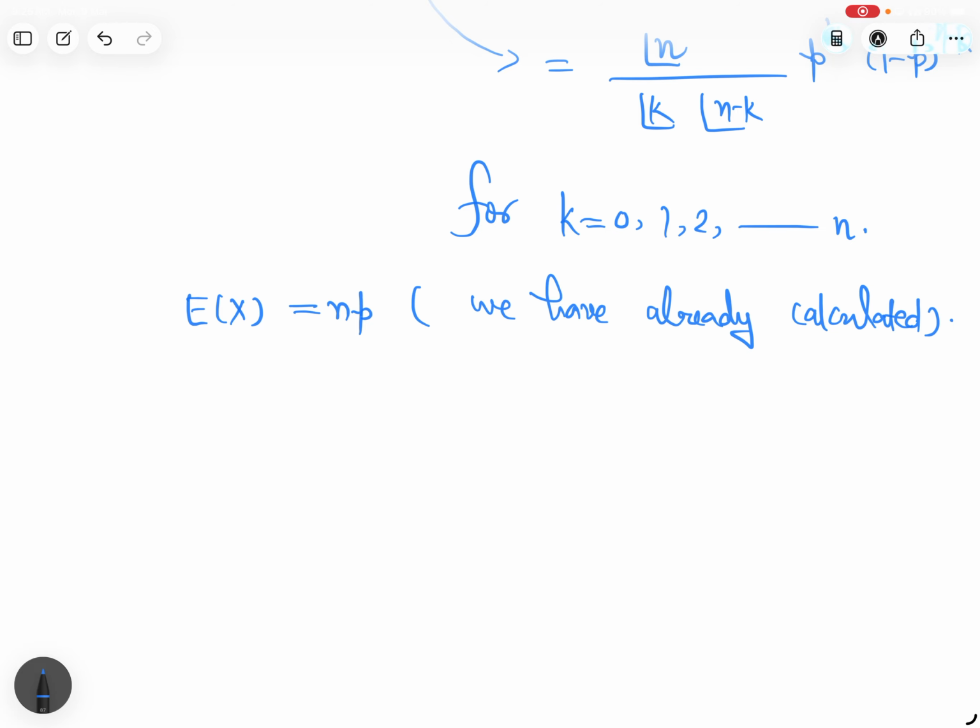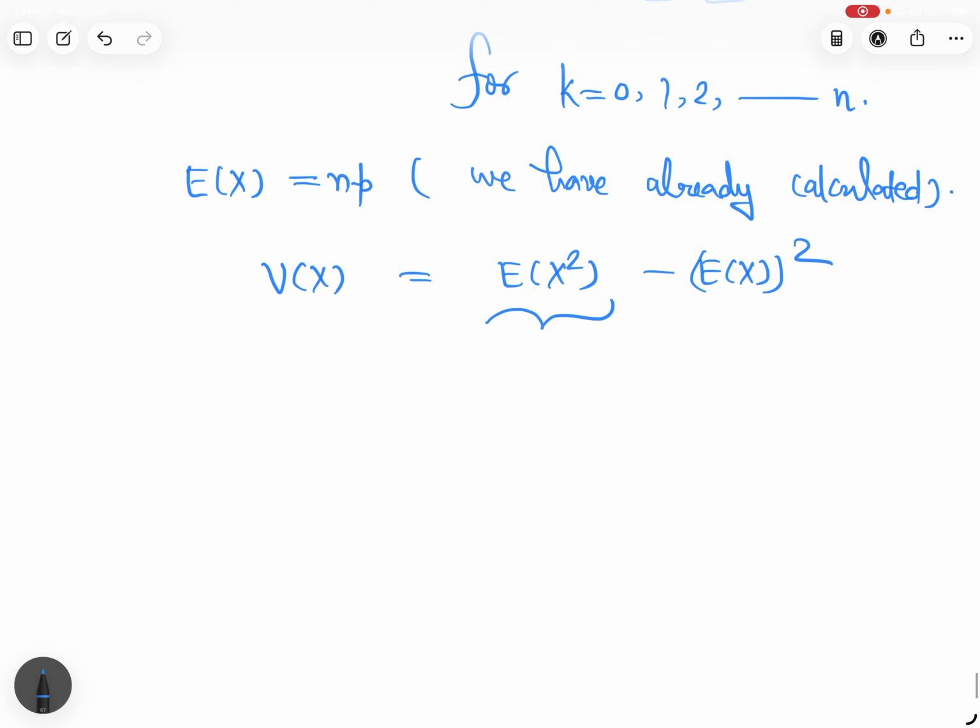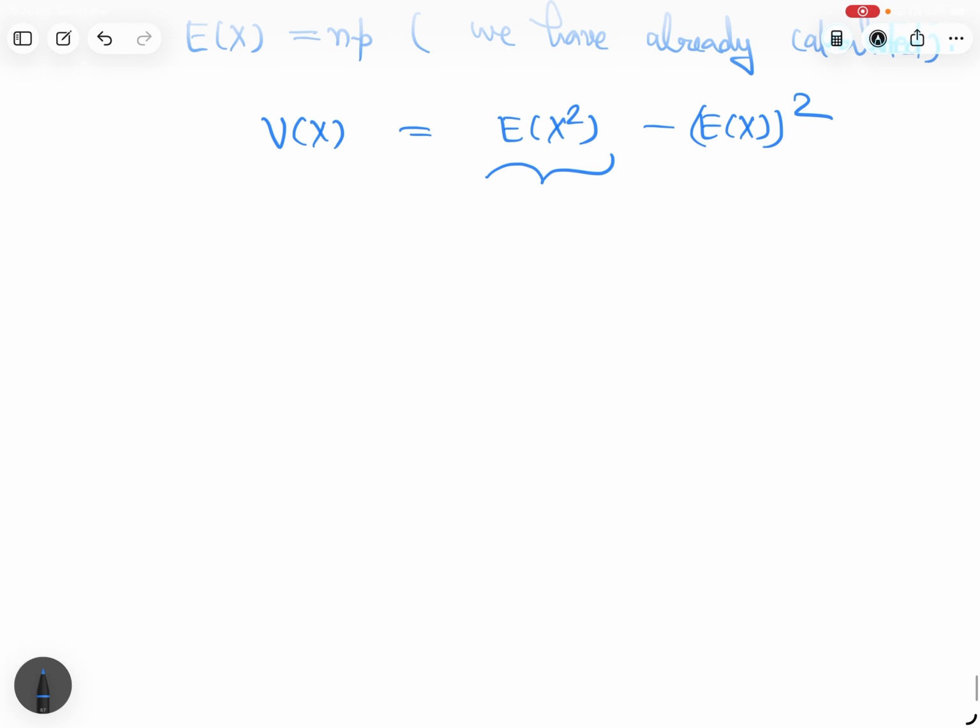Now I want to calculate the variance of X. To calculate it, I know this formula: E[X square] minus (E[X]) square. If I can calculate E[X square], I already know the expectation of X, then I can calculate the variance of X by this formula.